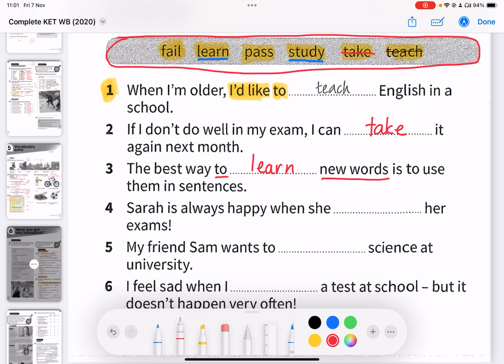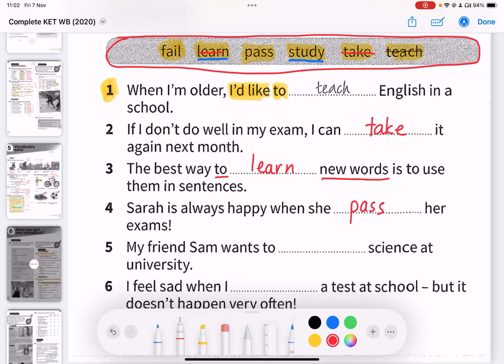Now, number 4. Sarah is always happy when blank her exams. When blank your exams, you are happy. When is that? Super easy, right? It is pass.